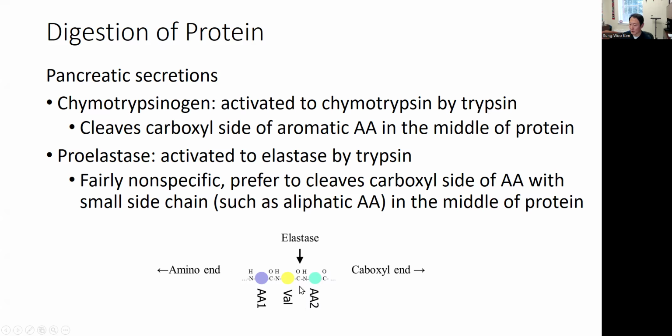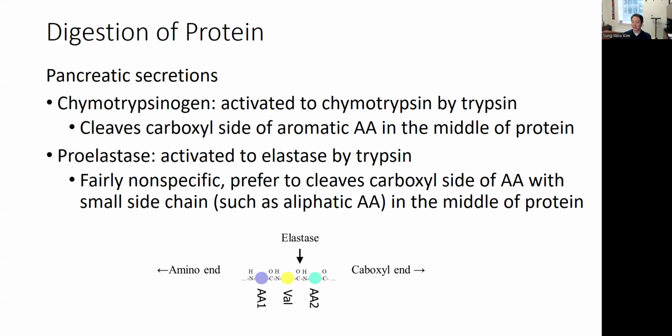So that's where the elastase will cleave the peptide bond. Not the other one, but on the carboxyl side, not the amino side. So that's how these 3 endopeptidases work differently: trypsin, chymotrypsin, and elastase.